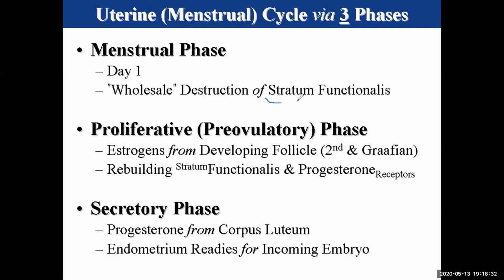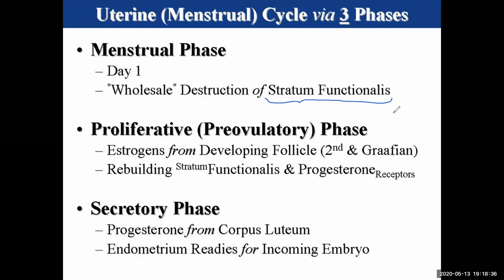This is from anatomy. And that stratum functionalis is basically epithelial cells that get shed off, completely destroyed. And then the deeper layer called the stratum basalis rebuilds that stratum functionalis every month, right?